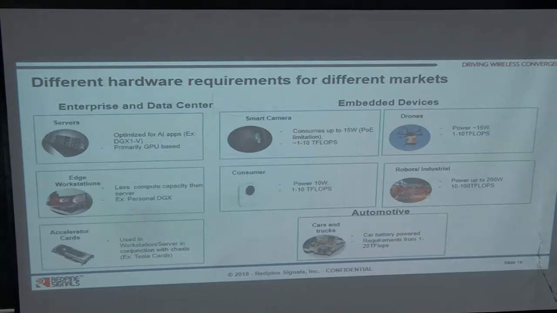On the other side, you're looking at embedded devices where you're trying to do things on the fly. So a smart camera, for example. You can install it in a crowded intersection, and it will do things like facial recognition. Or you could install it in a retail store, and it will tell you that 50 people stopped at this particular shopping counter. These things will be done on the camera itself.